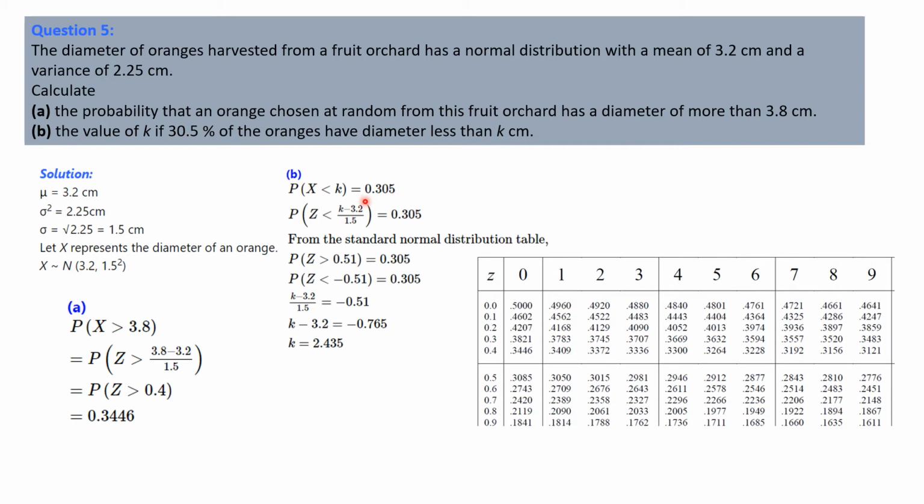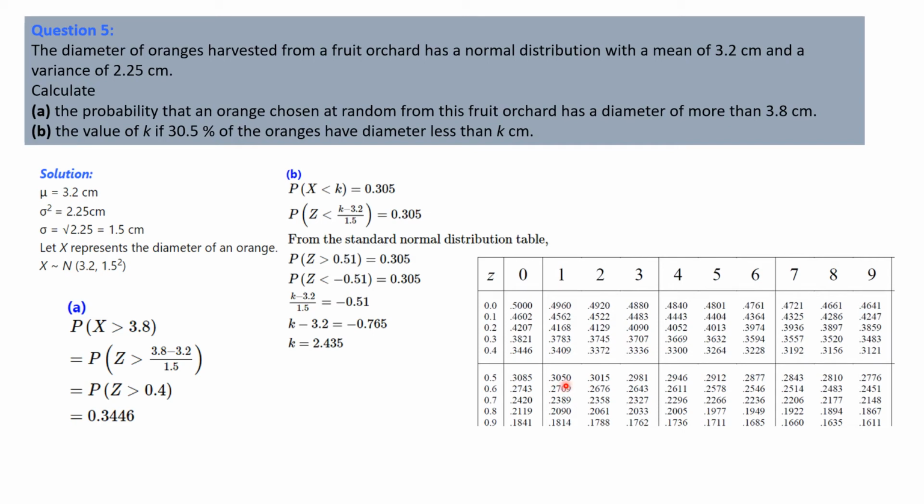Right, so from the standard normal distribution table, you have to find 0.305. The value of z is 0.51.